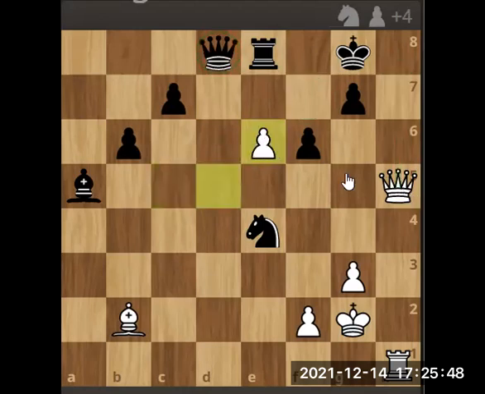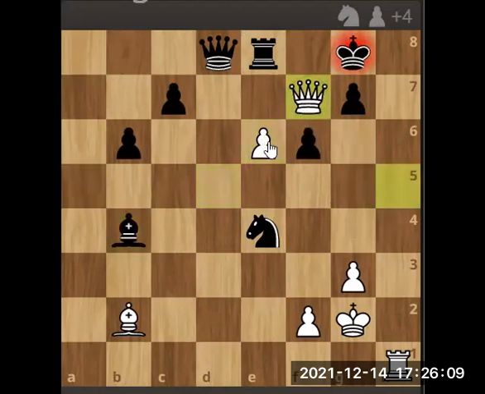By the way, this thing is called a battery. If the queen comes here, then it has a support here. That situation is called a battery. Now, just to illustrate, this is a battery and more on a battery in another video.